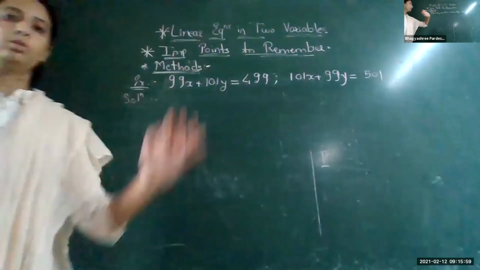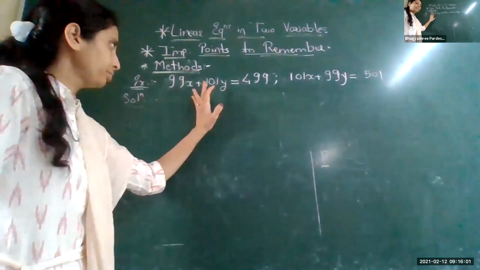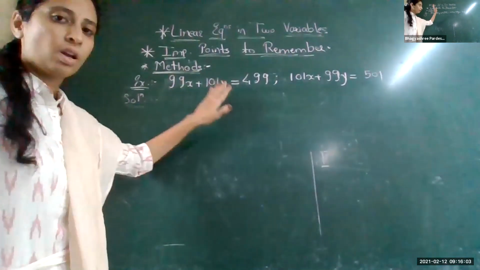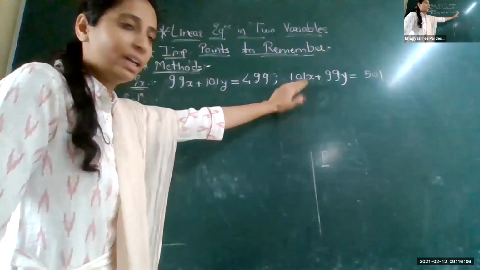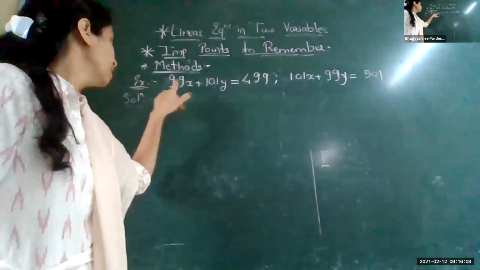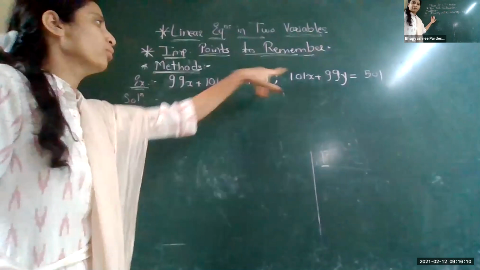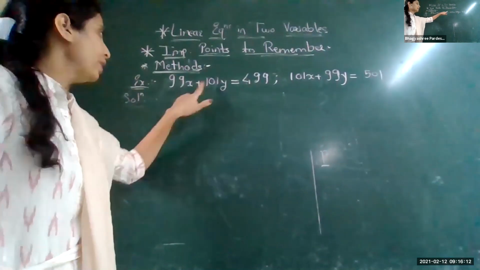Okay, students. Now again, look here. 99x plus 101y and 101x plus 99y, means this 99 and 101 are repeated, but the thing is that their variables are changing.